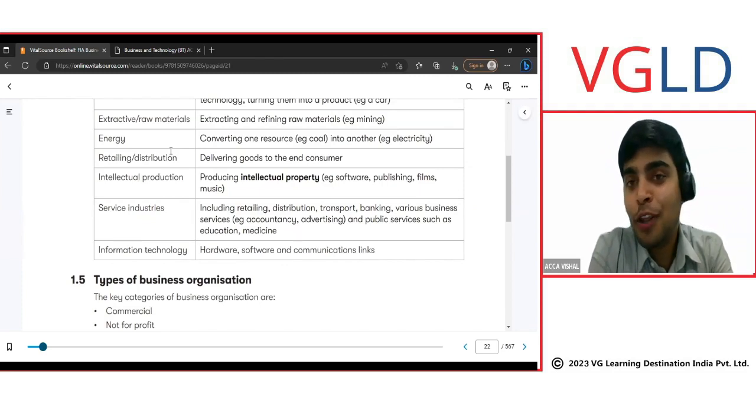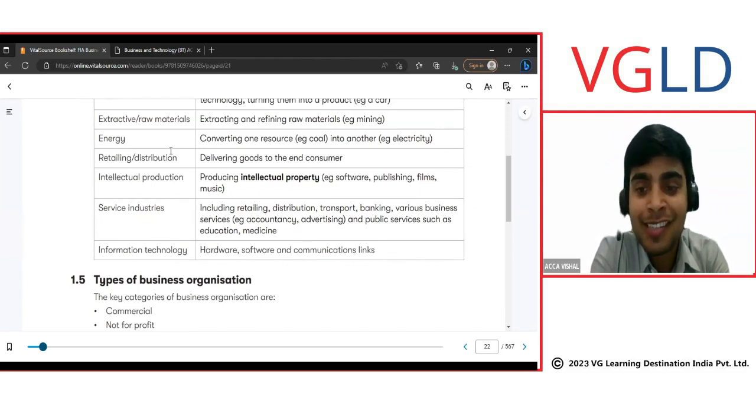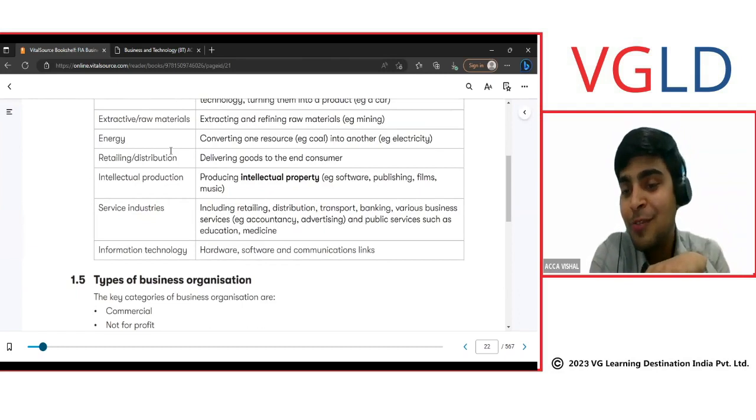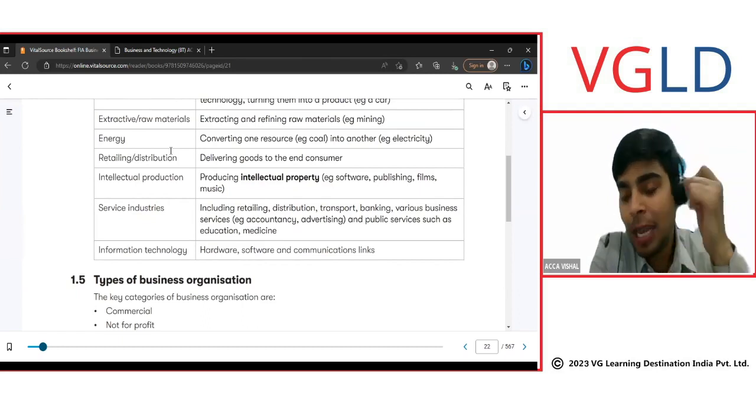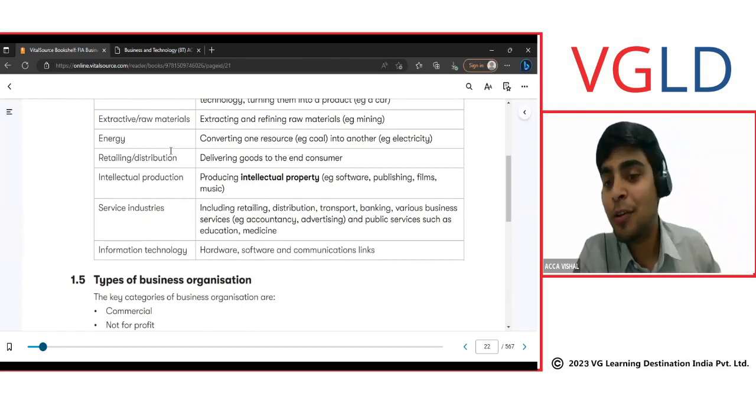Now, would you be surprised to know that Micromax was not a manufacturing company? Micromax was not manufacturing Micromax phones. And actually the reason for the Micromax fall was that it was not manufacturing phones. What happened is that Micromax was buying the phones from China and rebranding them.